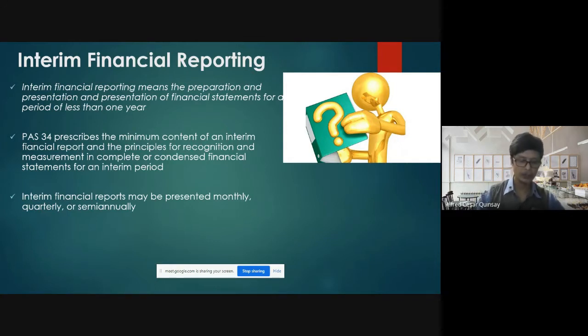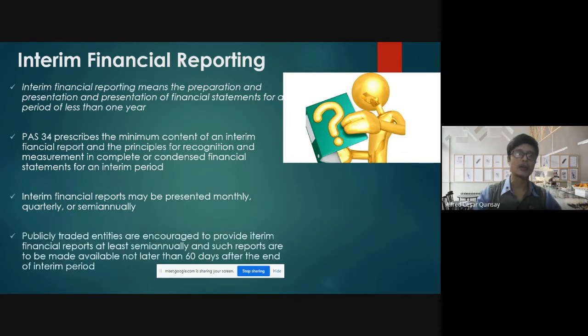Quarterly interim reports are the most common, because their reporting is bite size, no? So you won't be overwhelmed, no? Bite size only, so it can be condensed, no? Quarterly interim reports are the most common.